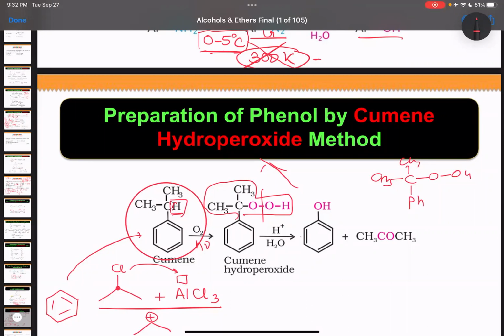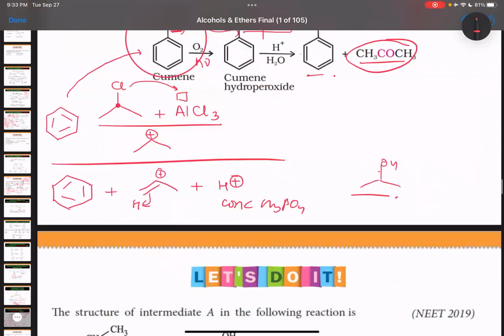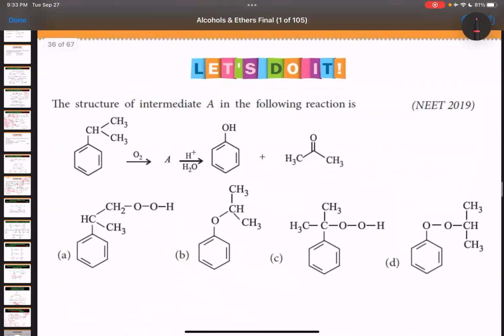This thing breaks as acetone, and this phenyl gets migrated to this oxygen. Actually, a lot of steps are there. You have phenol and acetone. Acetone is a byproduct. Is it clear? So that's how we get this. So let's do this problem quickly.